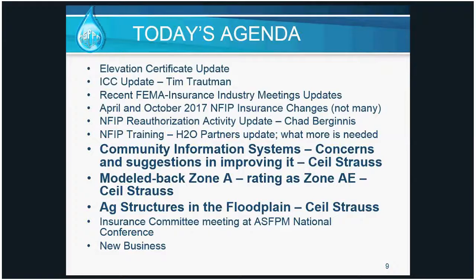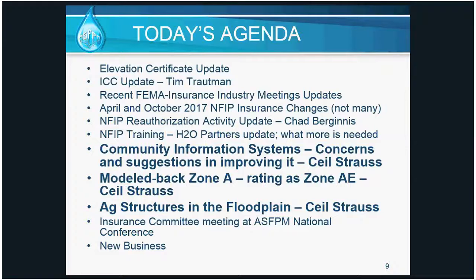And if the state and FEMA haven't shown that the ordinance was adopted properly, then the community gets automatically suspended if they haven't adopted those maps in time. So there's a lot of things that these systems are used for, and they are clunky, archaic systems.